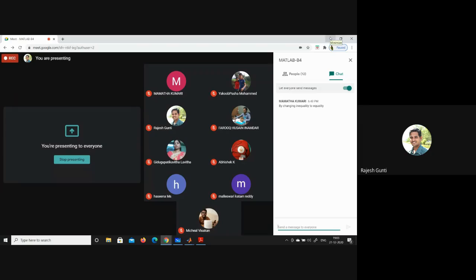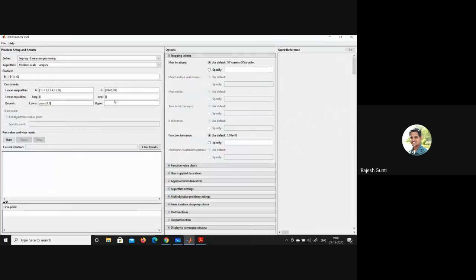Zeros of 3 comma 1, or otherwise you write 0; 0; 0. No upper bounds. That's it. You have to enter and start.